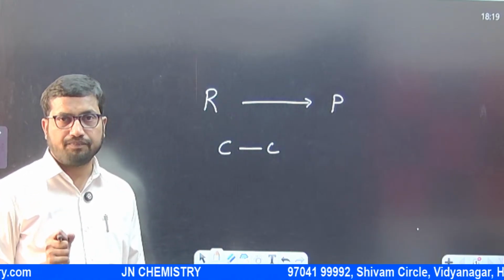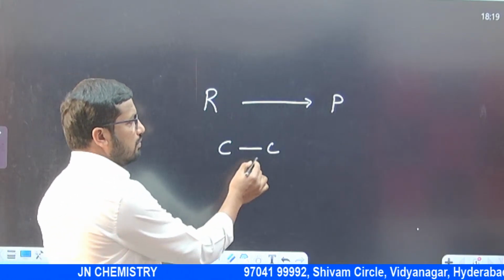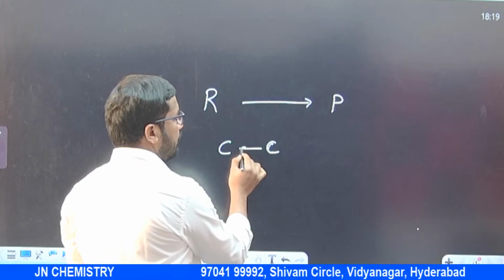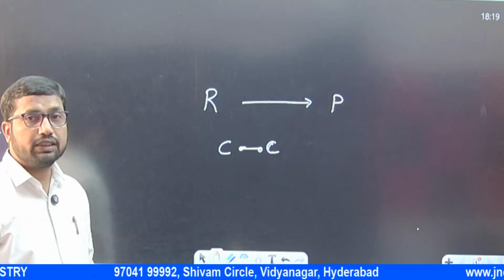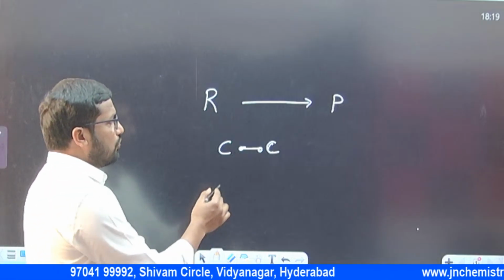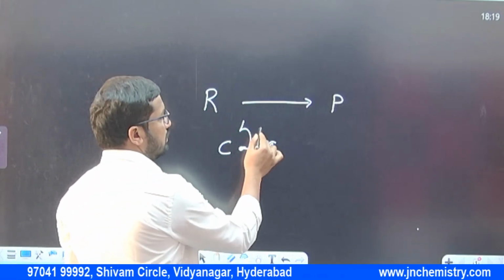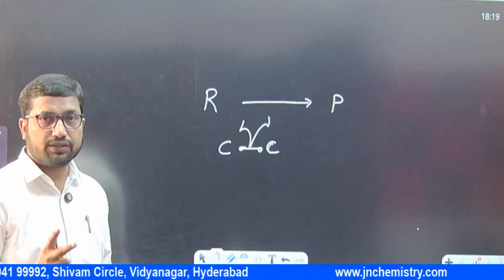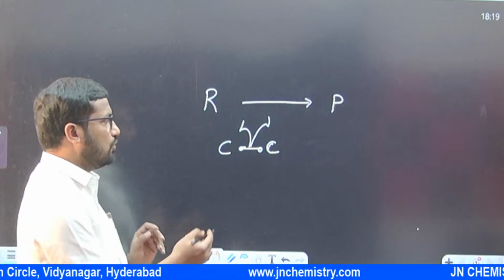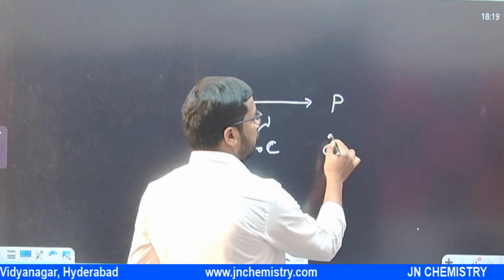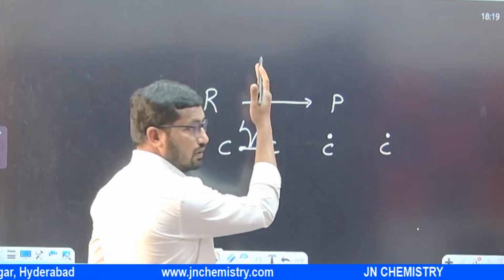Organic compounds have covalent bonds, with mutual sharing of electrons, right? So the covalent bond can break in two types. One is homolytic cleavage, the other is heterolytic cleavage. Homolytic cleavage means we get radicals, equal cleavage.